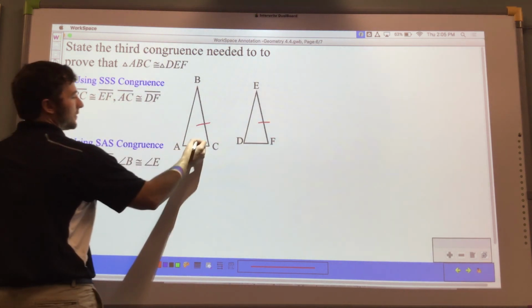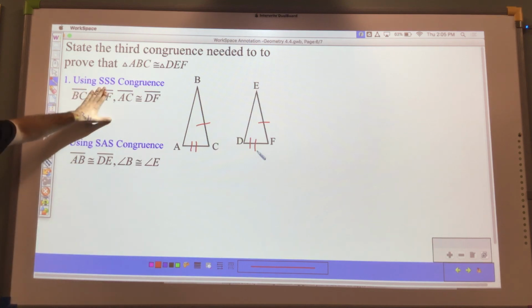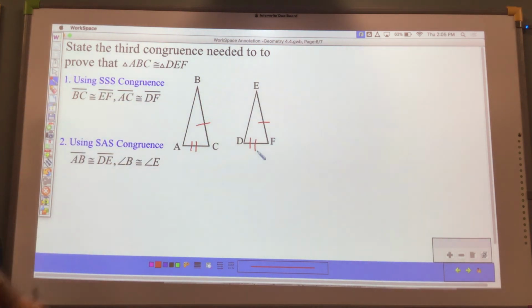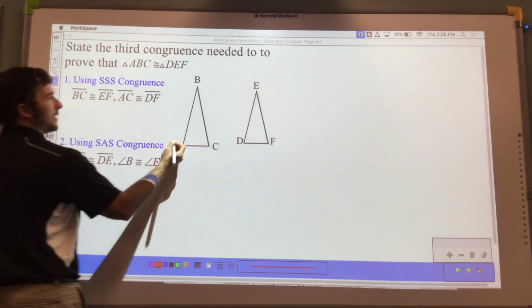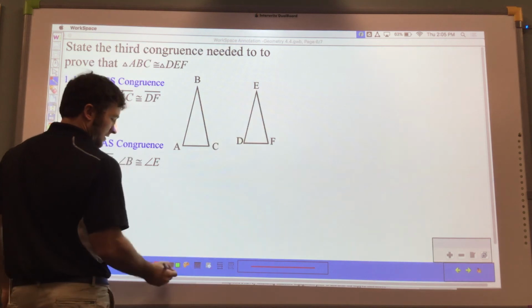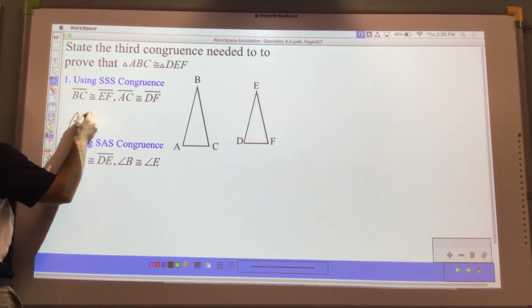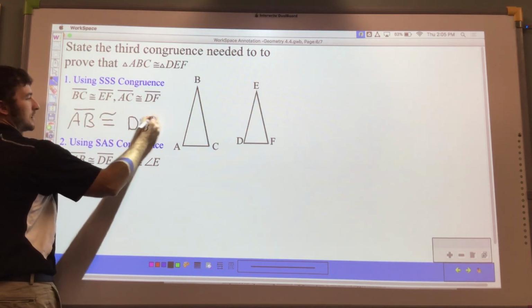AC and DF. So in other words, we're trying to figure out what else do we need. Well, it's side, side, side. We've got side, side. We need one more thing. And so that final part's going to be AB and segment DE. So what you would write is segment AB needs to be congruent to segment DE.